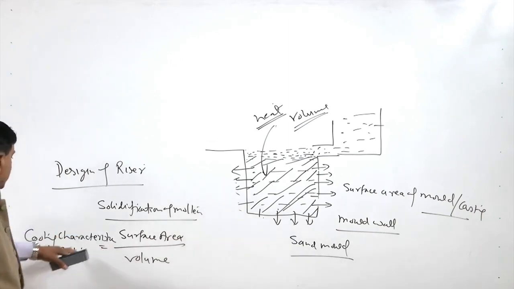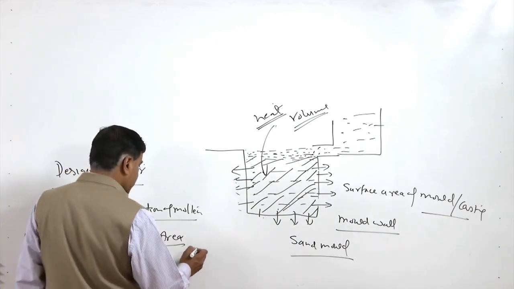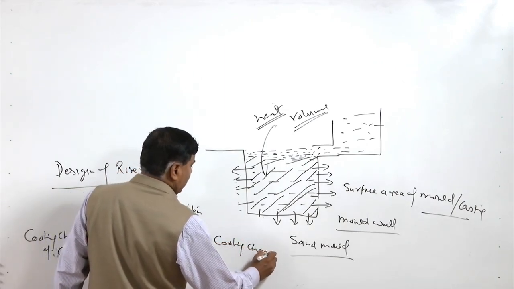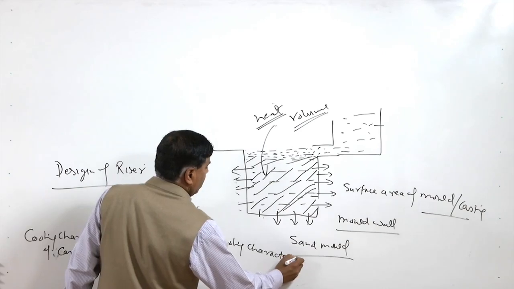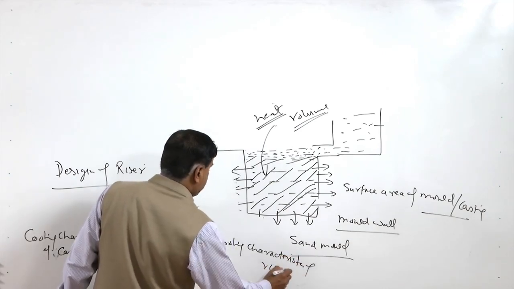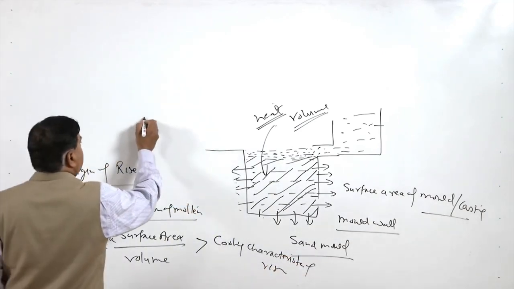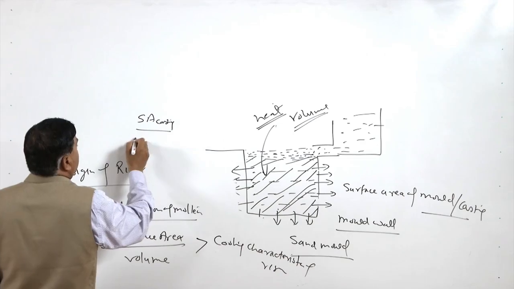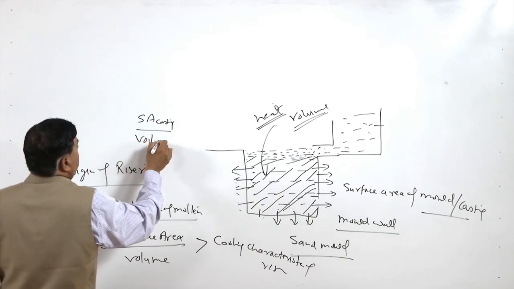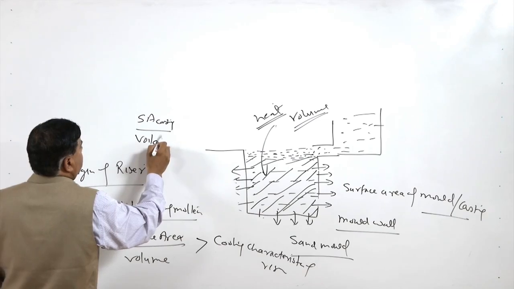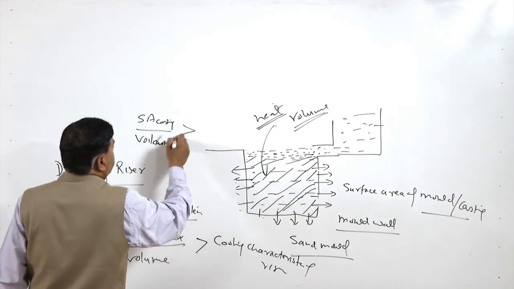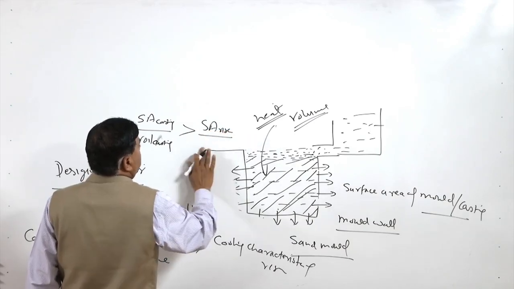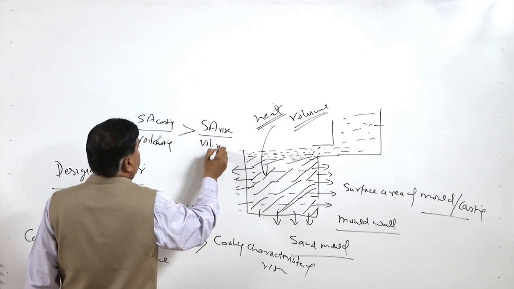If the cooling characteristic of the casting is higher than the cooling characteristic of the riser, then what we can say is: the surface area of the casting divided by the volume of the casting should be greater than the surface area of the riser to the volume of the riser.